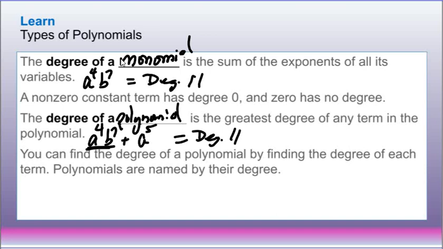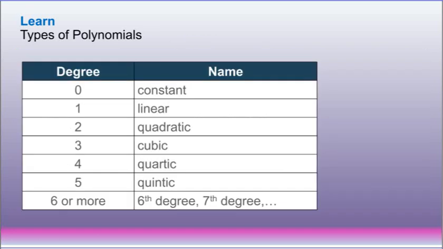You can find the degree of a polynomial by finding the degree of each term, and then the polynomials are named by their degree. So I would add up all the degrees in each monomial, and then determine which one is the largest. The one that has the largest is the degree of the whole polynomial.